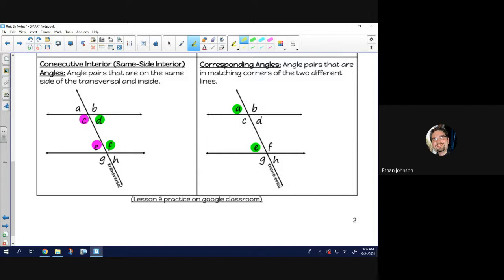We could also say angle B. Angle B is in the top right of the intersection. That one matches with angle F. Angle G is in the bottom left. That matches with angle C. The angle D matches with angle H. So when we have two lines and a transversal, or a line crossing them, these four relationships come into play.